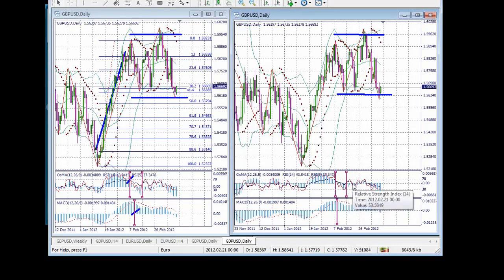Of course, we can see that we have more signals for buy and sell. Here is another one.